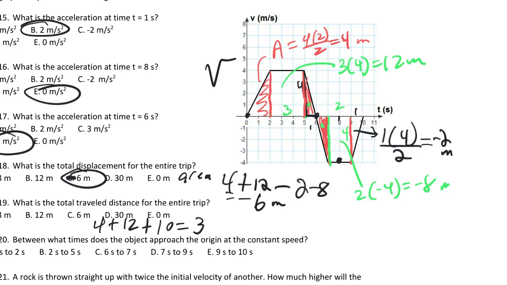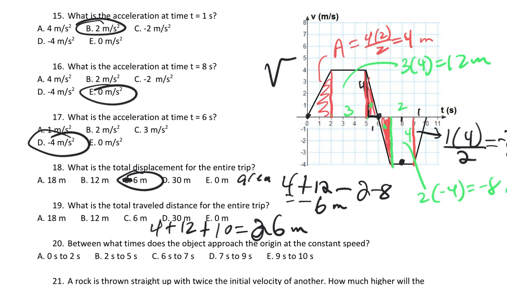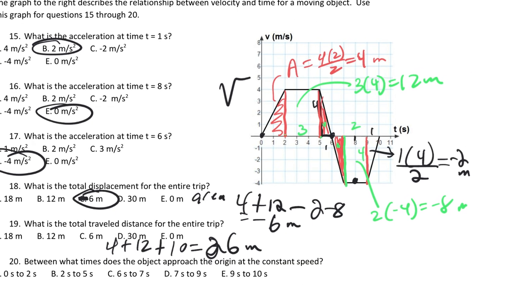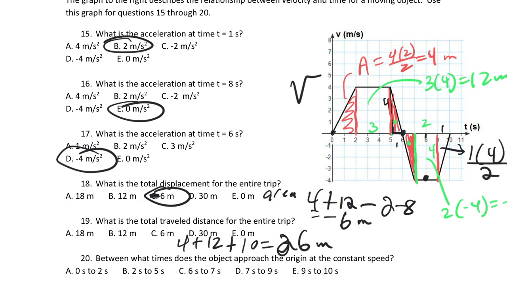Oops, 16, 26. Four plus 12, 16, plus 2, 18, is 26. Looks like they did that wrong.